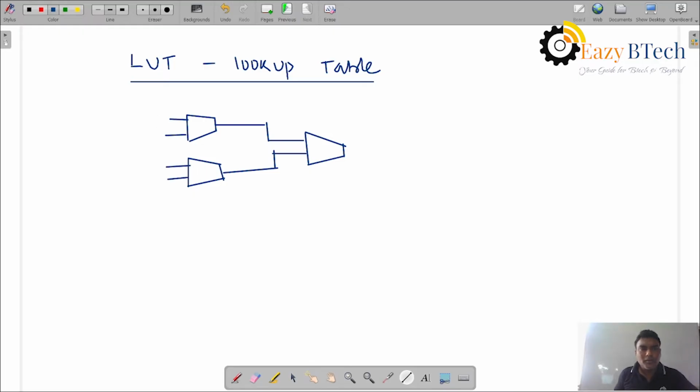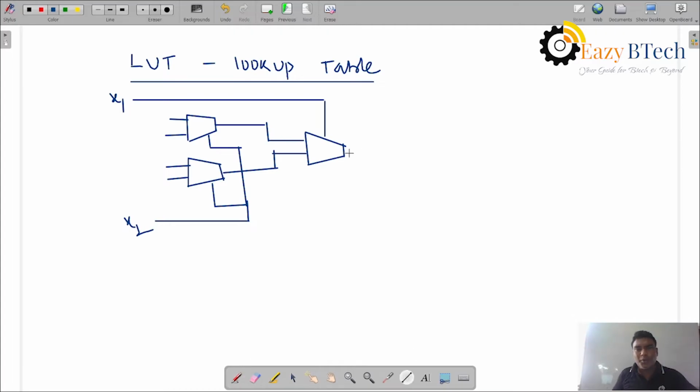Here X1 is the input, and X2 is also an input. Here you can see X1 and X2, and the output is a functional output. F is the functional output.